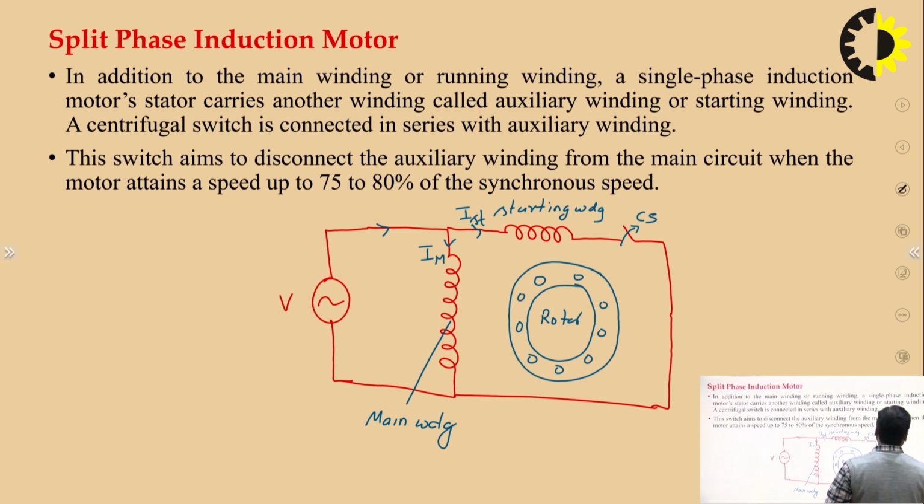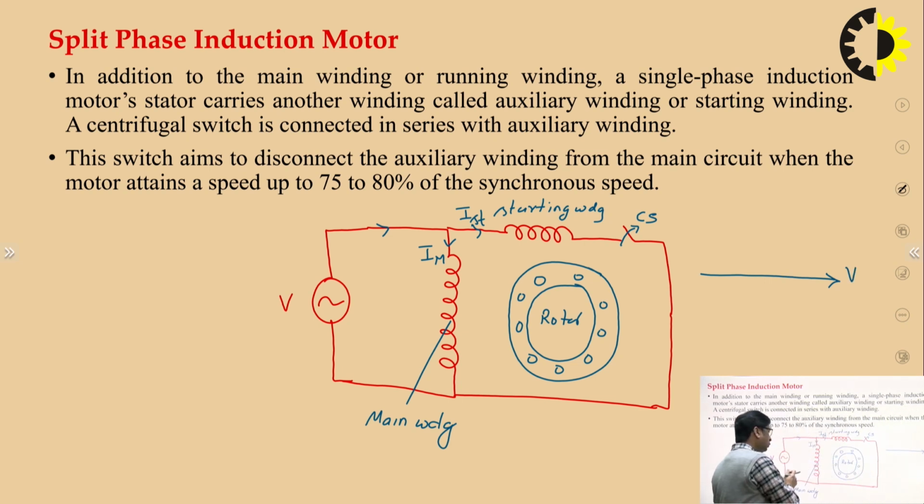I am just drawing it over here. This is our voltage V, that is the voltage that we are applying to our stator. This is the IM, which is called the main winding current, and this main winding current is in the inductive winding.